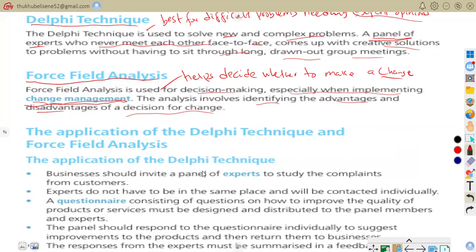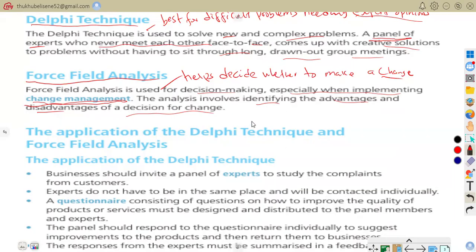Also, used in change management, it also identifies advantages and disadvantages. It looks at the positives and negatives of a decision. So we're talking about the pros, for example more efficiency, and the cons, which are disadvantages, for example high cost.